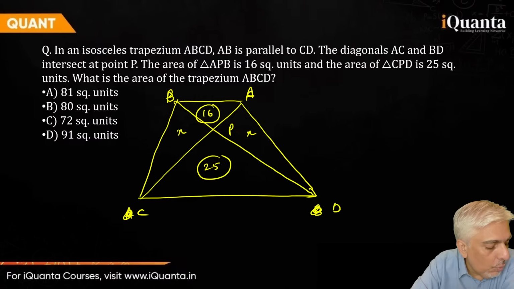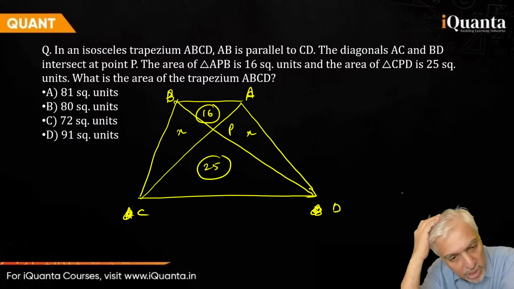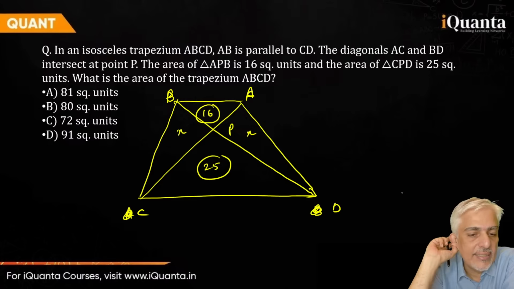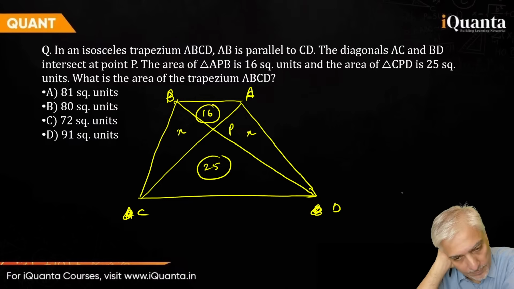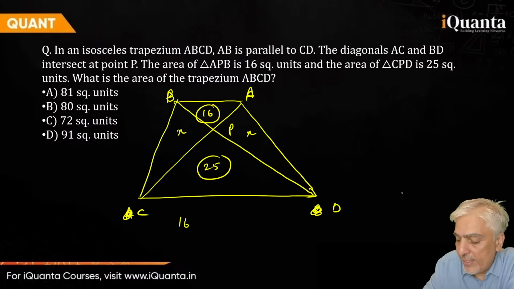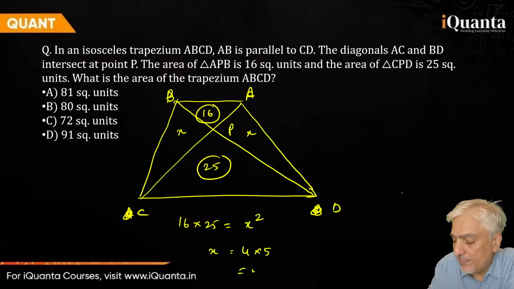X and X. What is the special property we have? Anybody, what is the special property we have for isosceles trapezium? 16 into 25 will be X into X. So X will be 4 into 5, 20.